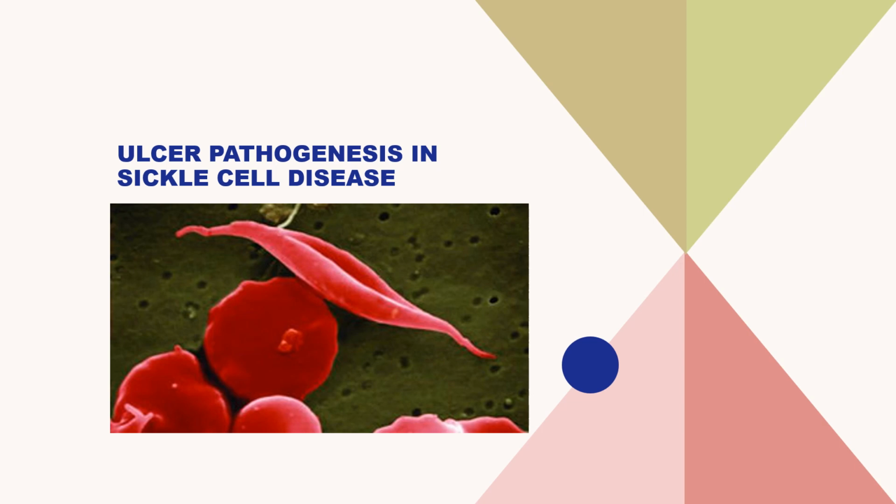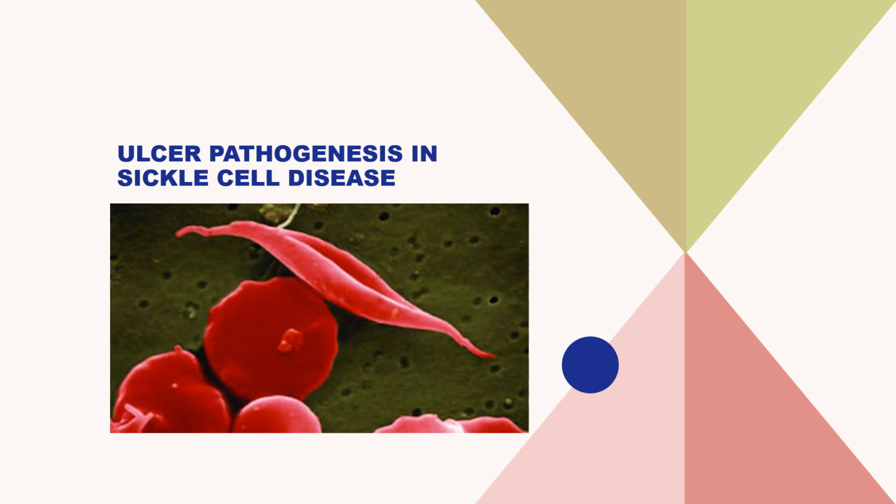After the red blood cell gives up the oxygen to the tissues, the abnormal hemoglobin causes the red blood cell to distort and become rigid. This results in the cell becoming deformed into a sickle cell shape. When the red blood cell is reoxygenated, the cell resumes its normal shape.